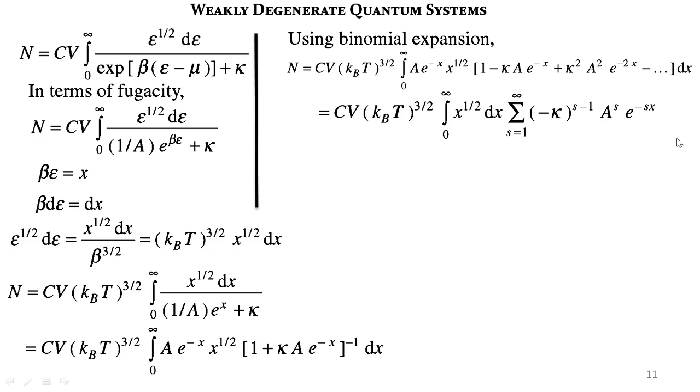This is how it is going to look like. So that is how the exponential term is kept here, and then summation over say s going from 1 to infinity. When we solve this summation, we will find that we can recover all the terms in this expansion. You can work it out quickly and find that this indeed is equal to this thing. So minus k raised to the power s minus 1.